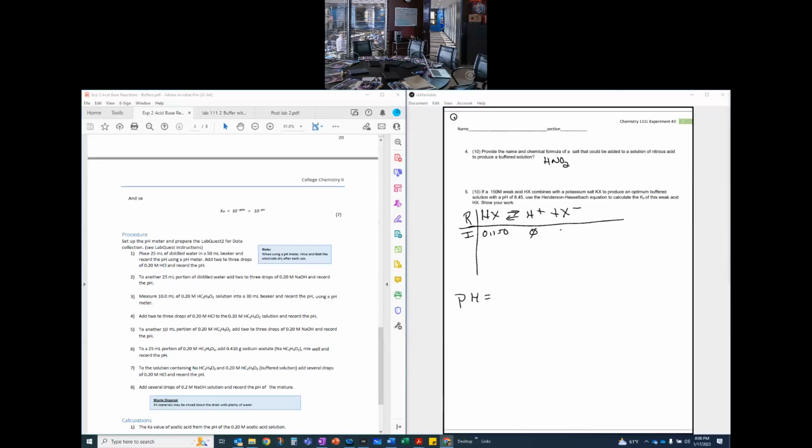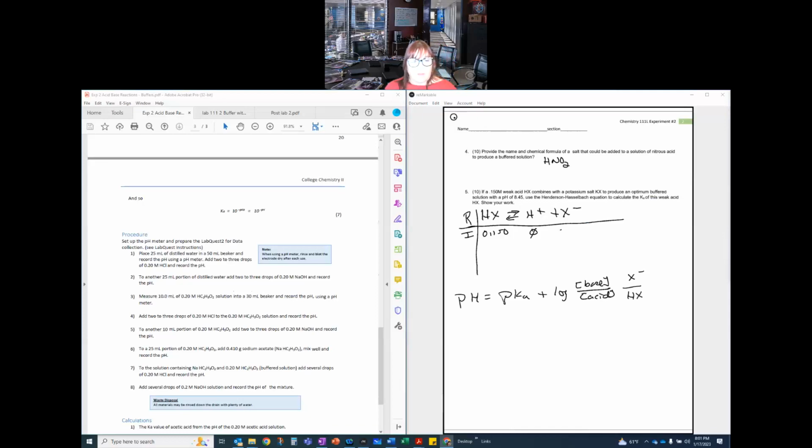I know that pH is equal to pKa plus the log of the base over the acid, where the base is that X minus salt and the acid, which is the HX. Okay.